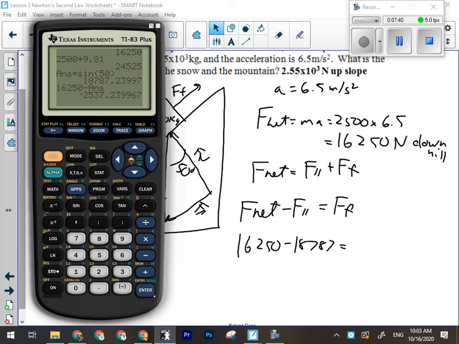I'm not sure why it's 2.55 on there. It should be 2.5. There shouldn't be a third number there. There's only two significant digits in this question, so it should just be 2.5 times 10 to the 3 newtons up the slope. Okay, all right.